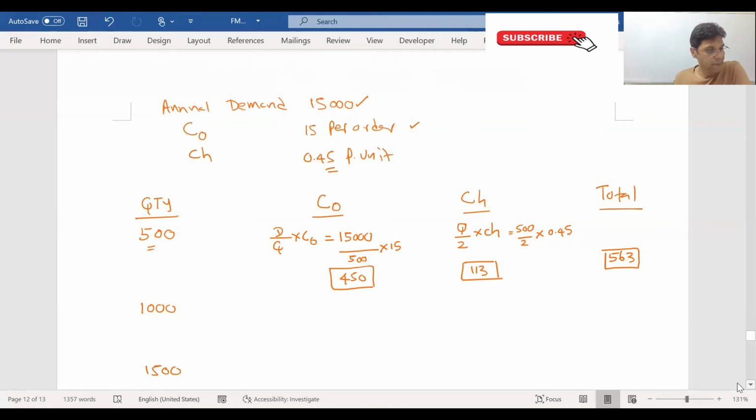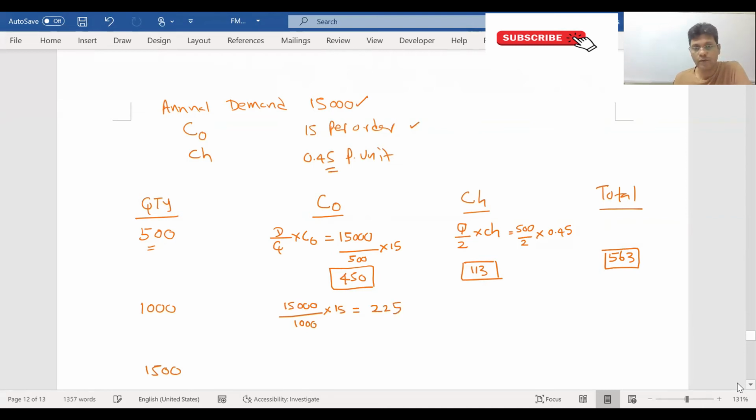Then if you order 1000 quantity, your demand is 15,000, using the same formula, your order quantity is 1000 times 15, so that will give you 225.